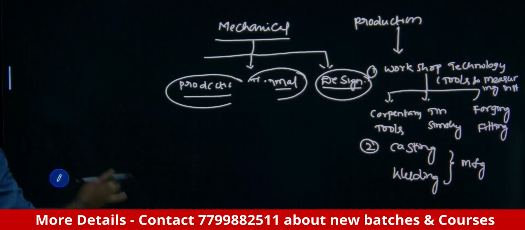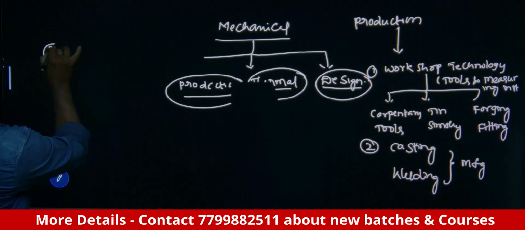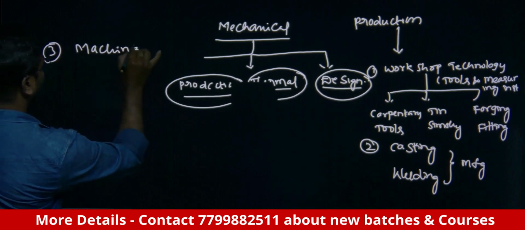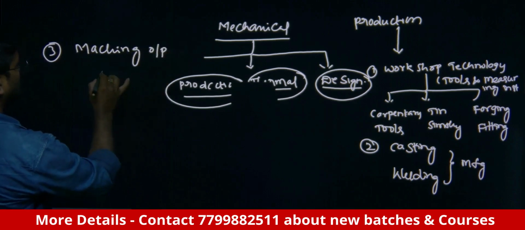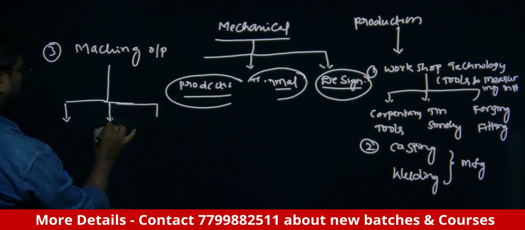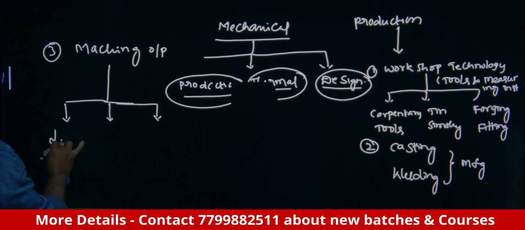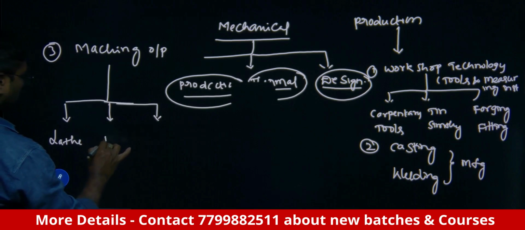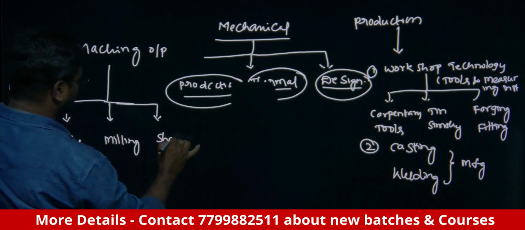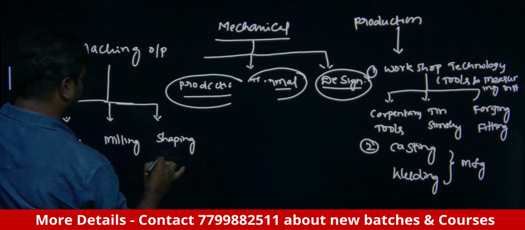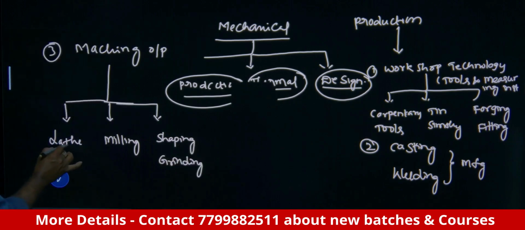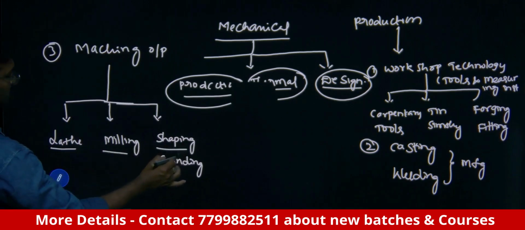Third, we are discussing the machining operations. In machining operations, different machines will come into the picture. One machine is a lathe machine, milling machine, shaping machine, and grinding machine. These are the different machines that will come into the picture.